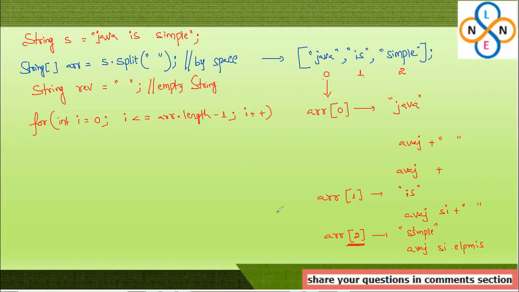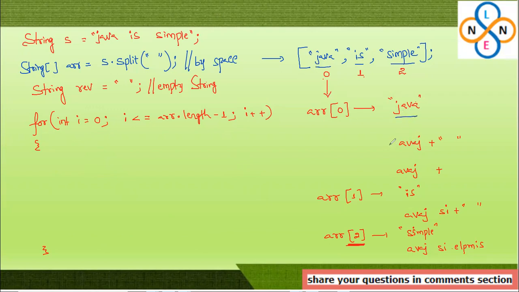So inside this for loop, let us take the next one. So here for every array element, that is for Java and for ease and for simple. To find its reverse, we need one more empty string.